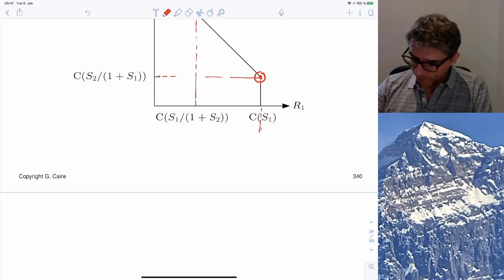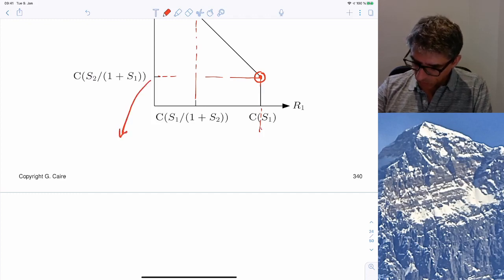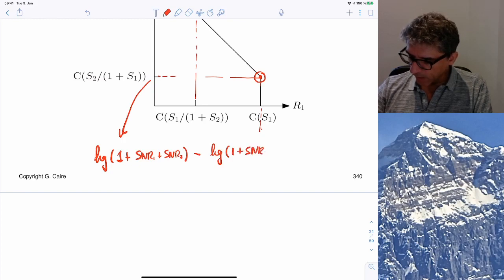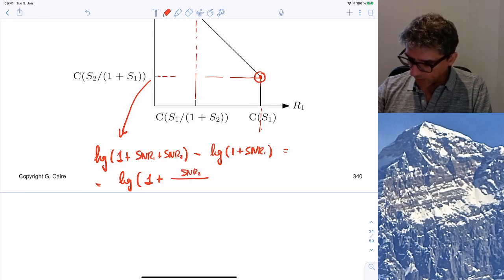User 2, if you remember, this rate was simply the rate sum, so log of 1 plus SNR 1 plus SNR 2 minus this, so log of 1 plus SNR 1, and so we get log of 1 plus SNR 2 divided by 1 plus SNR 1. Okay?